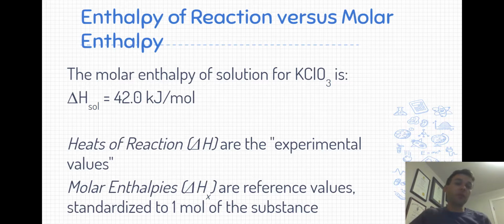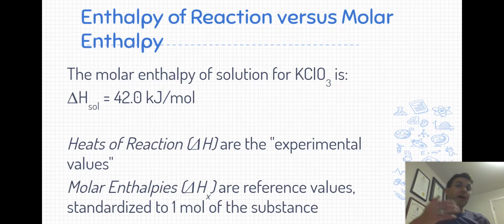One of the values of molar enthalpies is that they're readily available in reference manuals and in textbooks. And what this will allow us to do is to calculate heats of reaction without actually having to measure that in the lab.